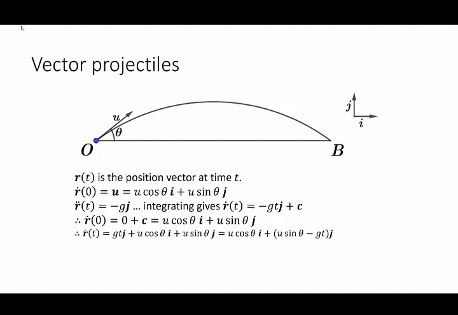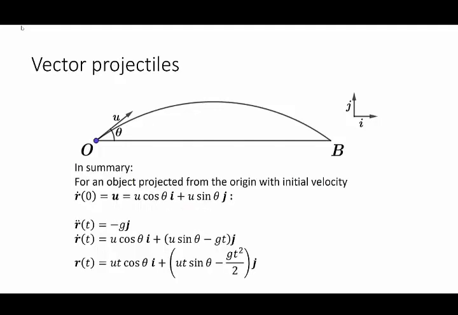And as I say, what we're really doing is the x and the y at the same time here, and it just makes it faster, and it's just as valid to simply take those 2 equations separately and then express them in vector form. You can then do similarly and integrate again, and then we have these final equations. So these are the general equations we've got for both situations if it's projected from an origin with an initial velocity as given there.